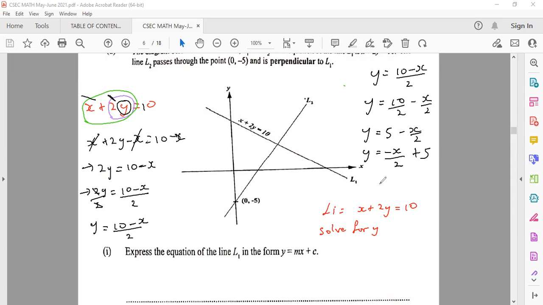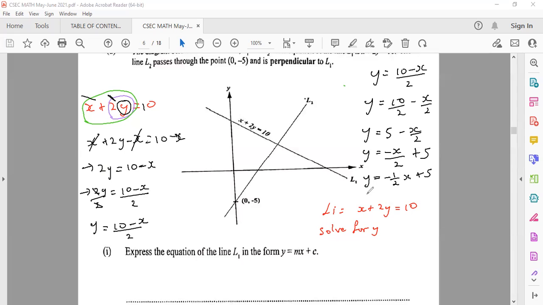Getting there, we're getting there. I'm going to flip this around so that we can immediately see the y equal to mx plus c. So now we have y equal to, well, minus x over 2 is the same thing as negative a half. So it's negative a half x plus 5. Now, do you see the form mx plus c?